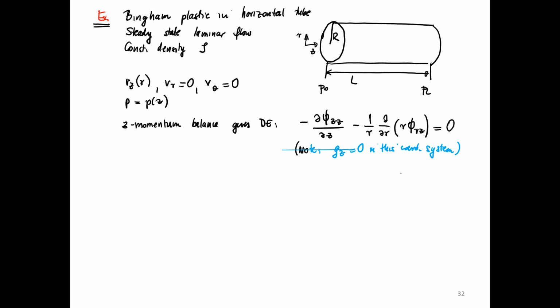So just like before, I'm going to put the dot just like before. I will have that 1 over R d dR of R tau RZ is equal to minus, we have that generalized pressure dPdZ. Well, here I don't have gravity, so the generalized pressure is the same as the thermodynamic pressure, okay?